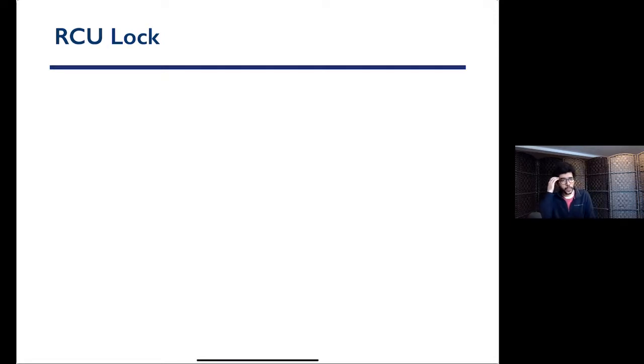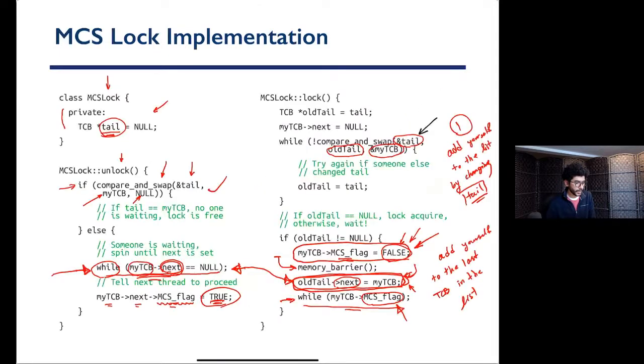Then the question is, while next equals null, isn't this busy waiting? Will there be a context switching there? I assume you're talking about this guy. This is busy waiting, but it's going to be a short busy waiting, right? It's going to be short because it's going to be just a matter of these 3 instructions happening.